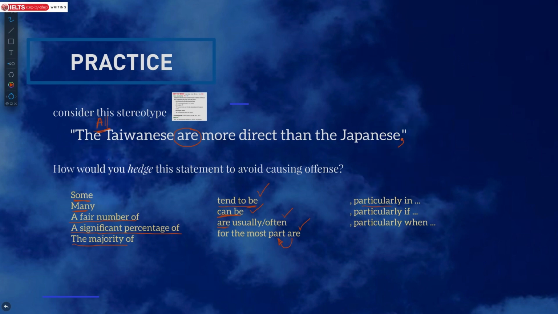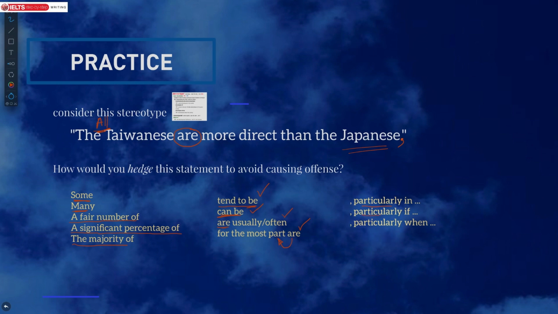The next thing you could probably do after this comma here is using the word particularly. So many Taiwanese people are more direct than the Japanese, particularly in certain cities, and you can mention a city that you know particularly where Japanese people are much less expressive of their feelings and opinions.